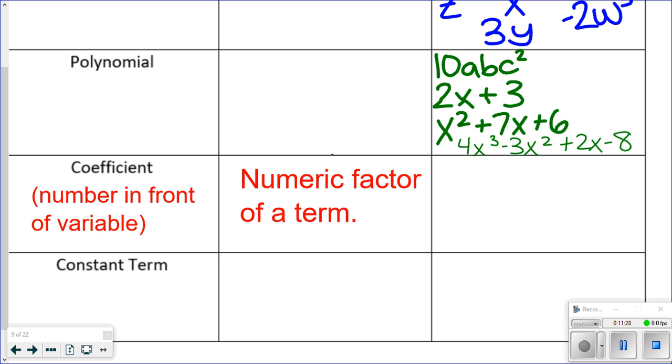So, some examples. So I want you to circle or underline the coefficients for these 3 examples. So the coefficient here is 2, -5, and 4. Okay, so circle them, box them, highlight them, whatever works best for you.